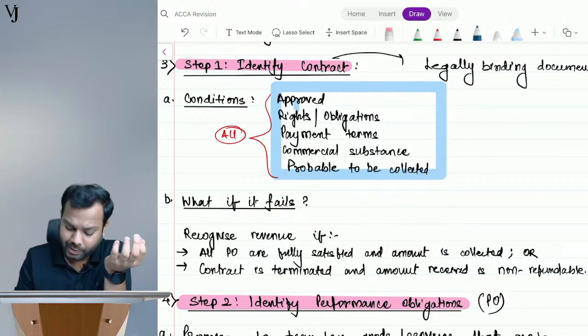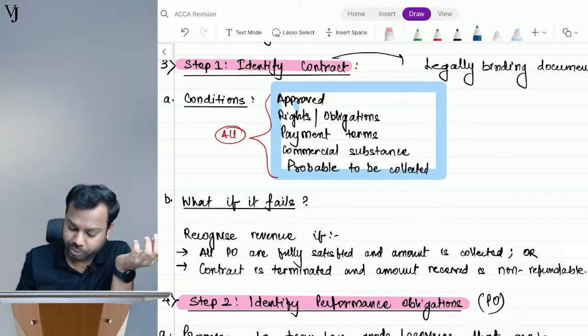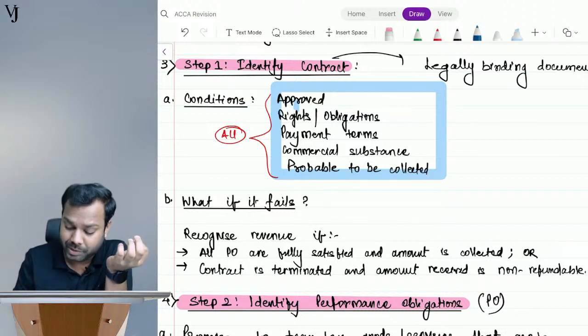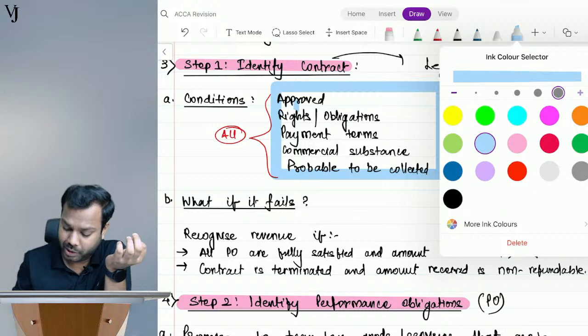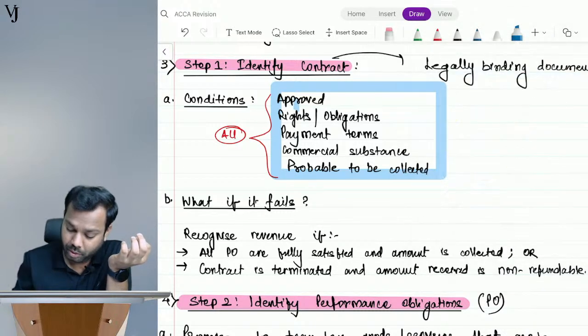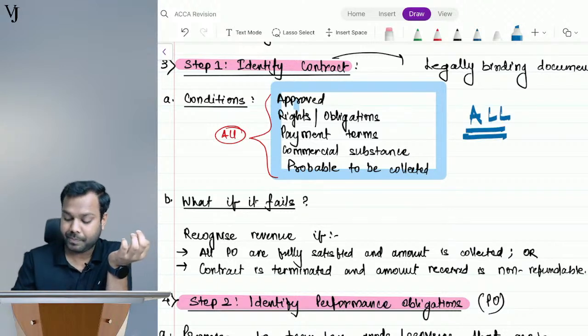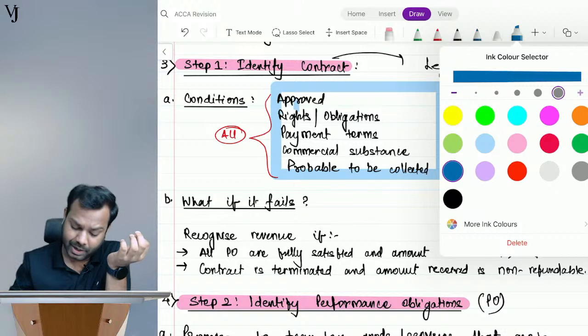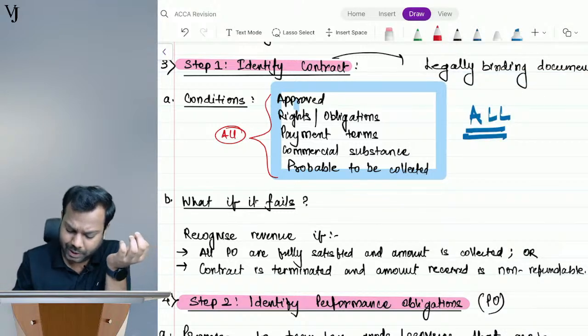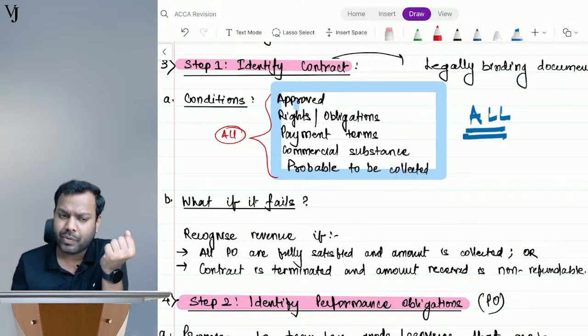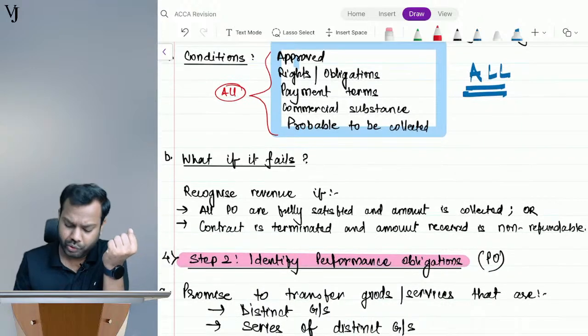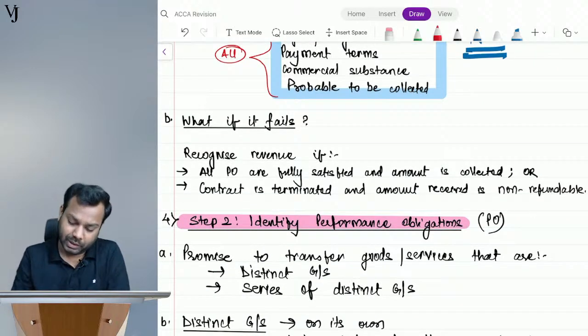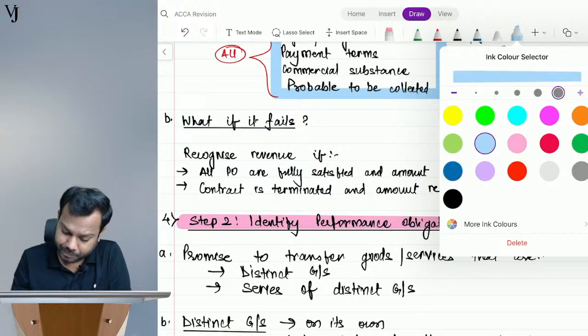I am saying that all the conditions need to be satisfied, but it might be possible that any of these is not satisfied. In that case, what will I do? The standard gives an answer for that as well.